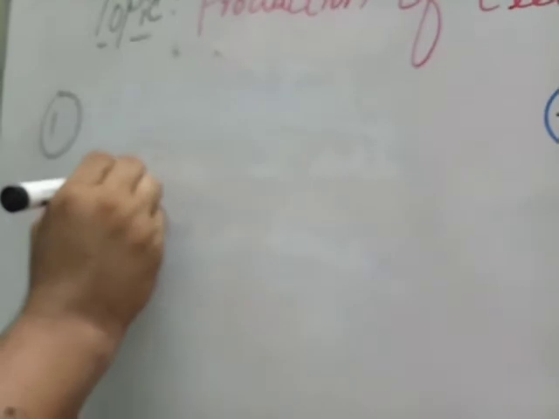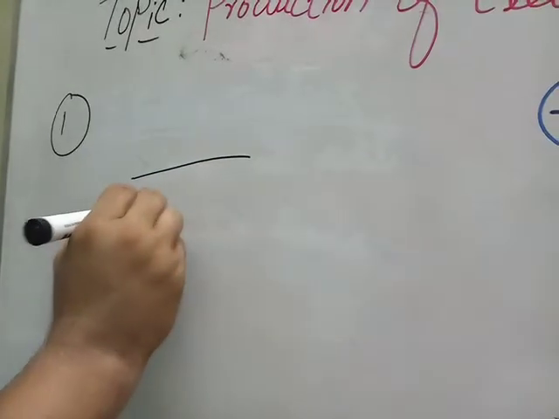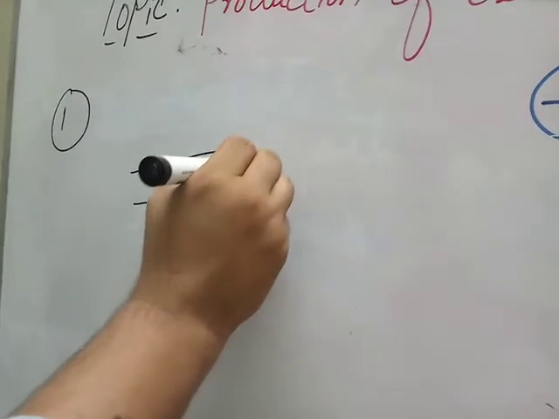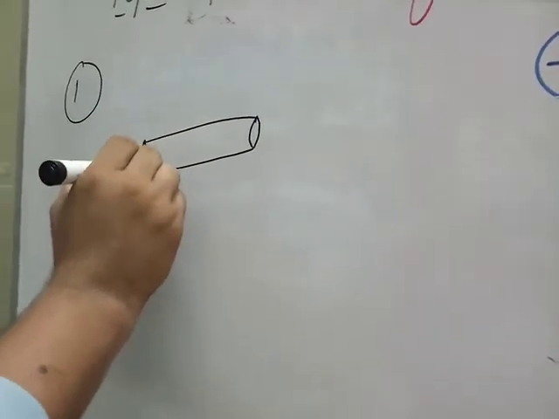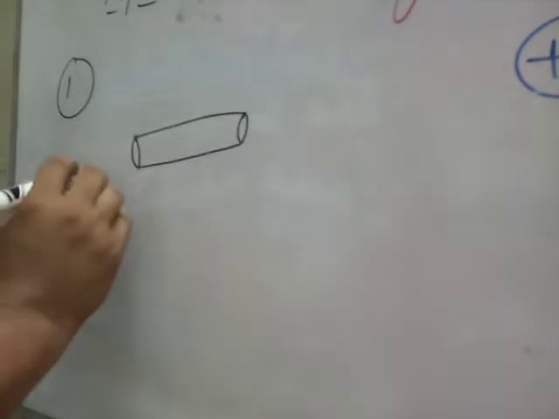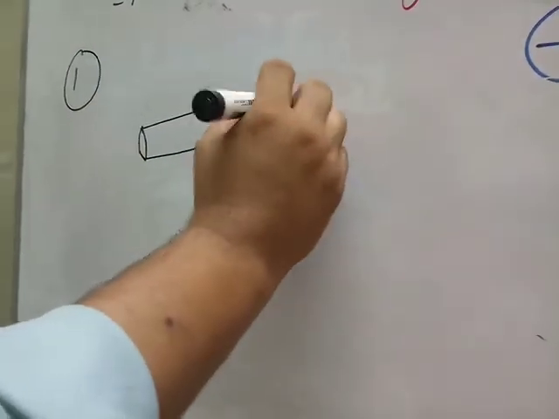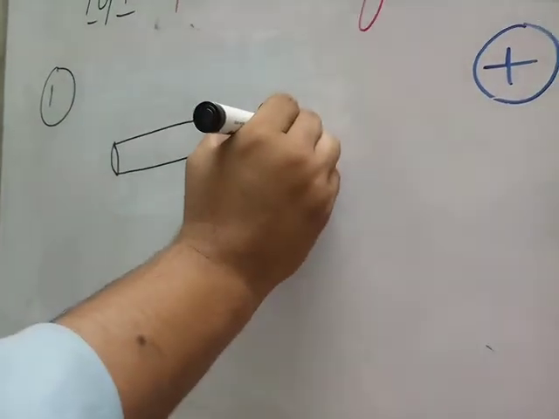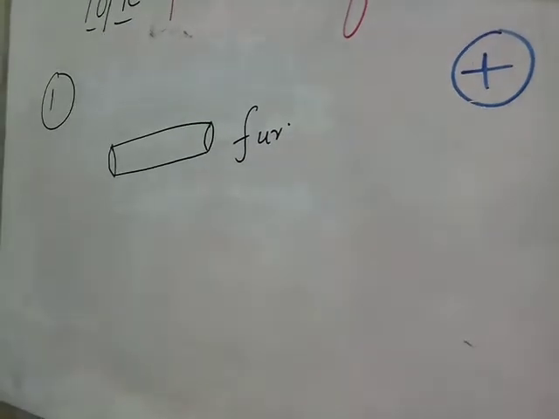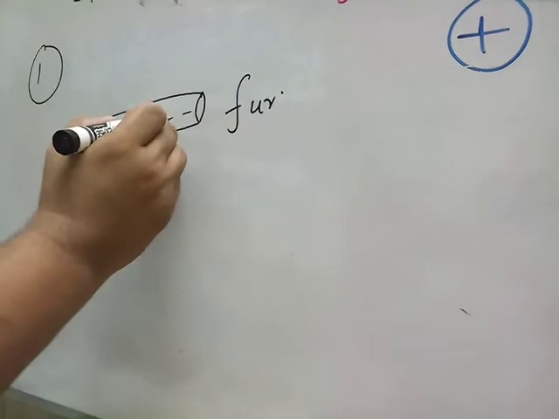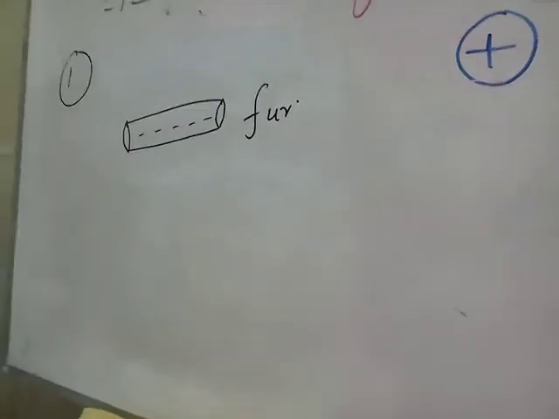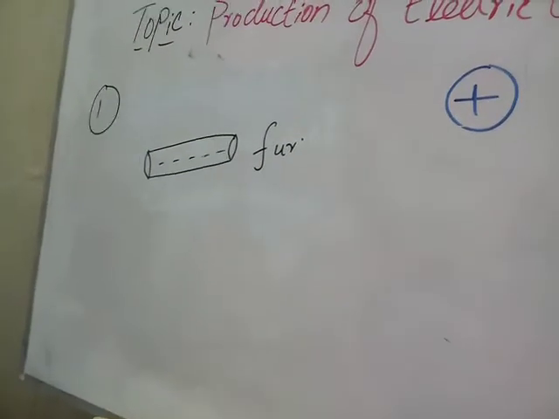we take a rod and rub it with fur. When we rub with fur, the rod is negatively charged.